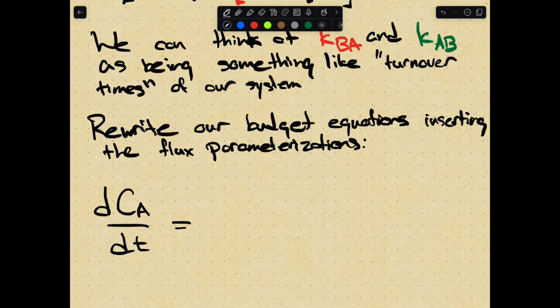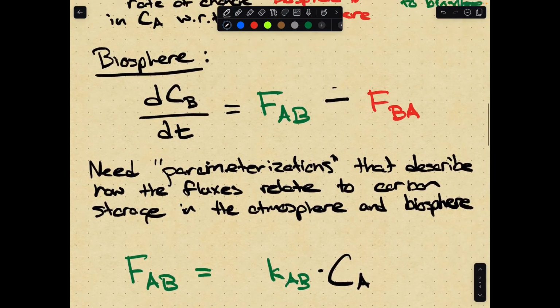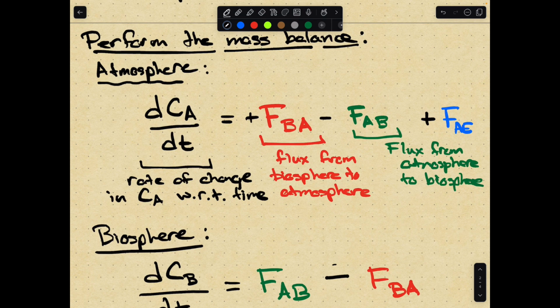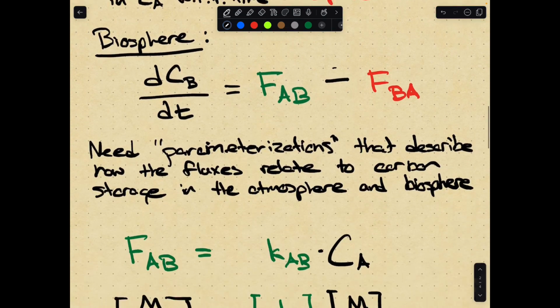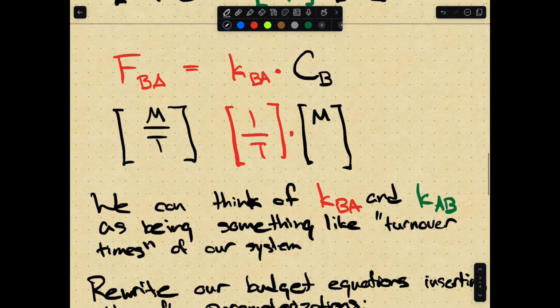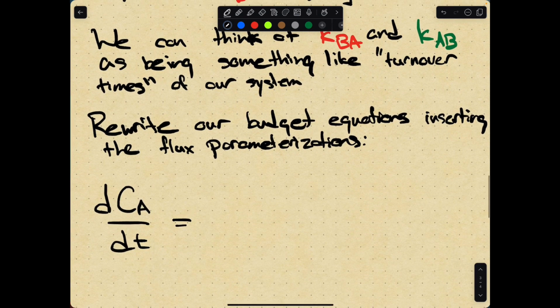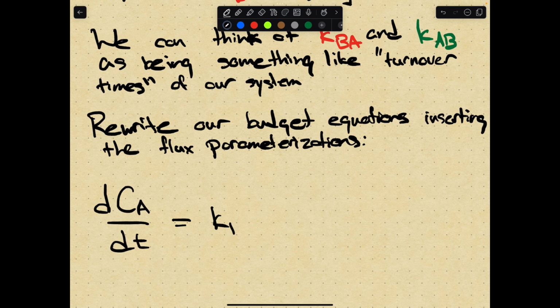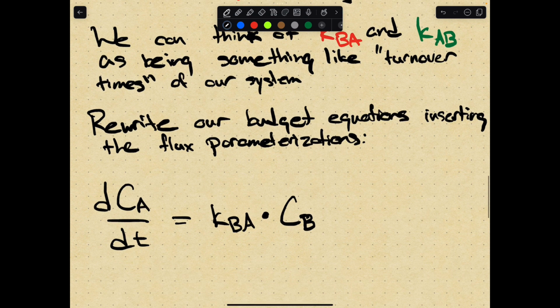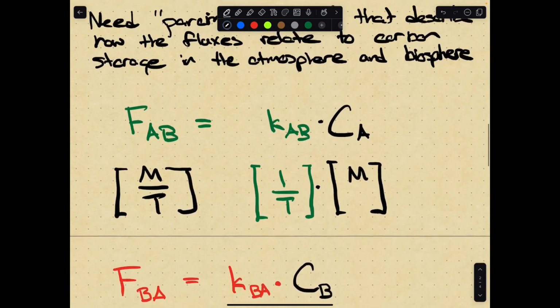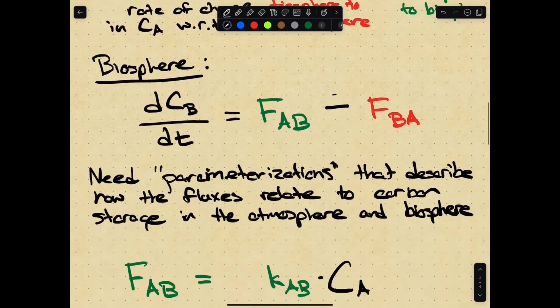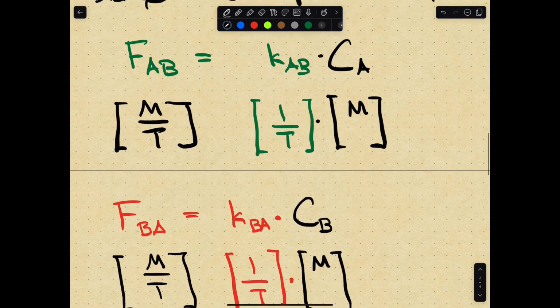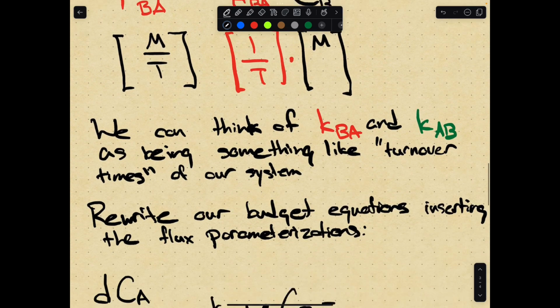And all we have to do is go back up and look. So dC_A/dt is equal to F_BA. F_BA is just K_BA times C_B, right, minus F_AB, and F_AB is just K_AB times C_A.